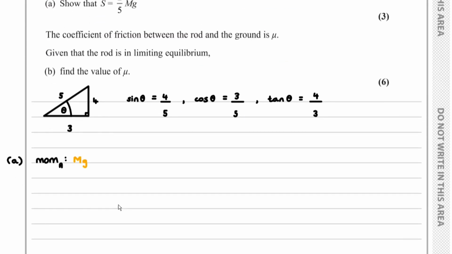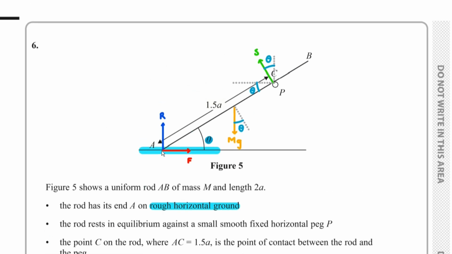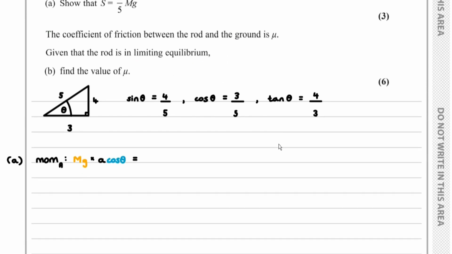So we have mg multiplied by the perpendicular distance, a cos theta, and that's equal to, well here, we have a length of 1.5a, the perpendicular force is S, hence on the right hand side we have S multiplied by 1.5a, and we know that cos theta is equal to 3/5. So we have mg times a times 3/5 equals S times 1.5a. And solving for S, you will find S to equal 2mg over 5.